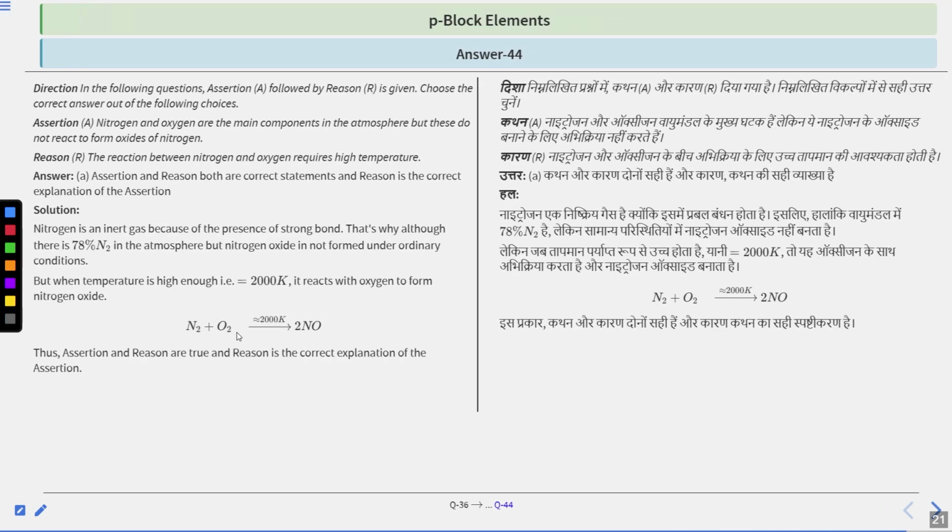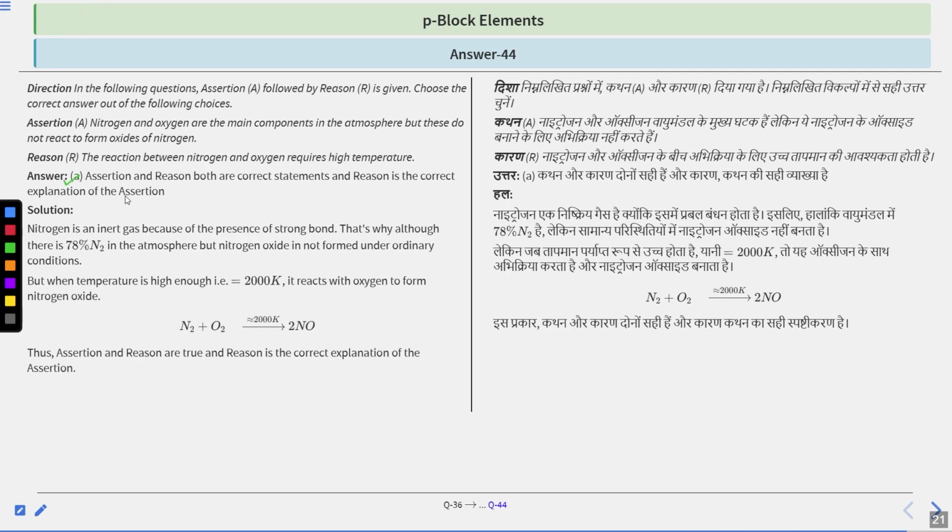Okay, let's see. The correct answer is option A, that is assertion and reason both are correct statements, and reason is the correct explanation of assertion. So, nitrogen is an inert gas because of the presence of a strong bond, having smaller size and strong bond.